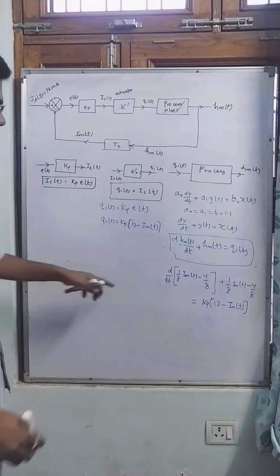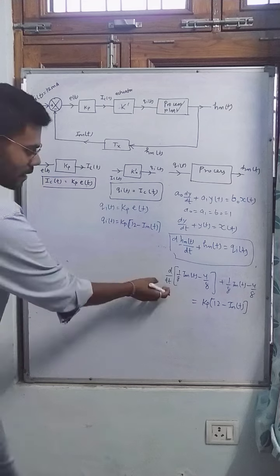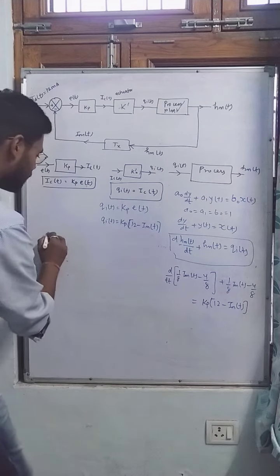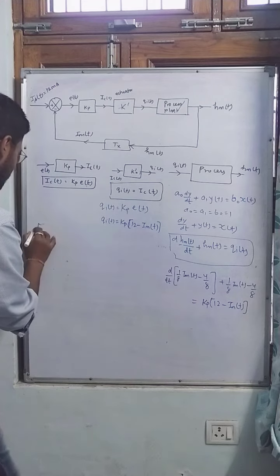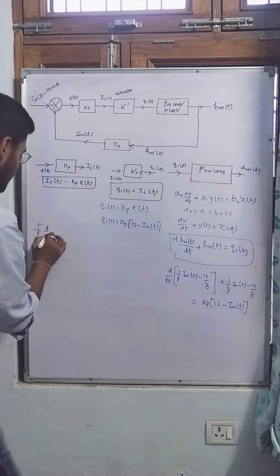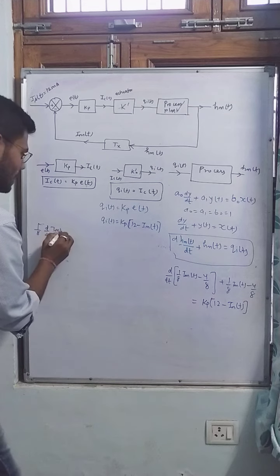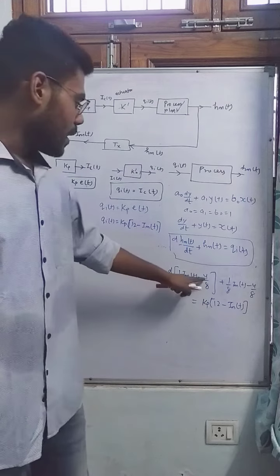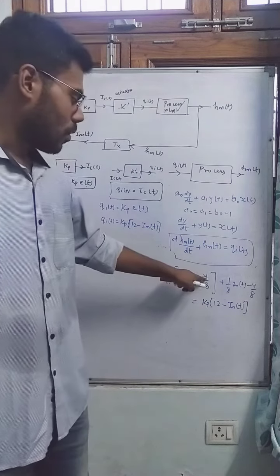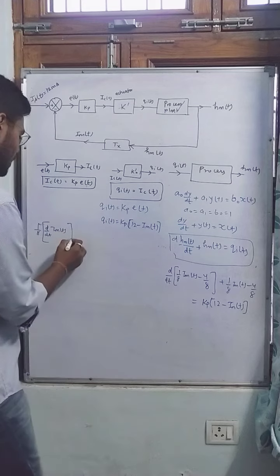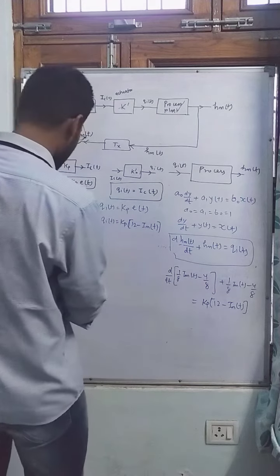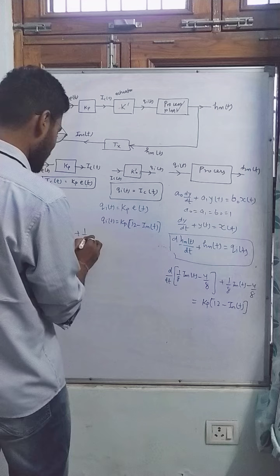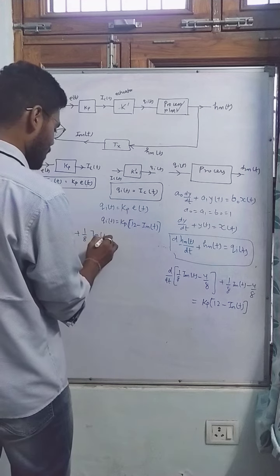Now I can write, I am taking this d by dt inside. So 1 by 8 d by dt of imt. I am taking 1 by 8 outside. Now remaining, differentiation of constant is 0. So that means 0 plus 1 by 8 imt.